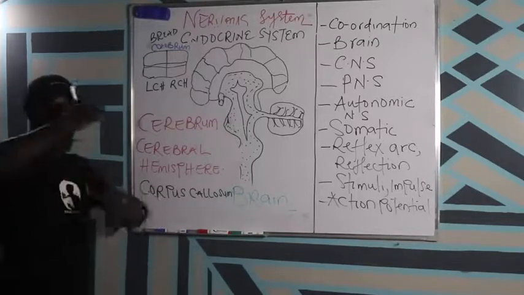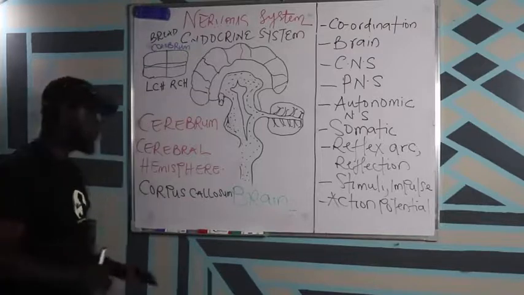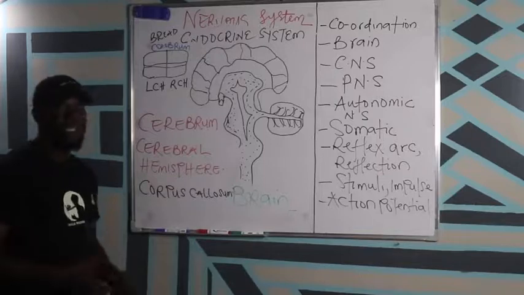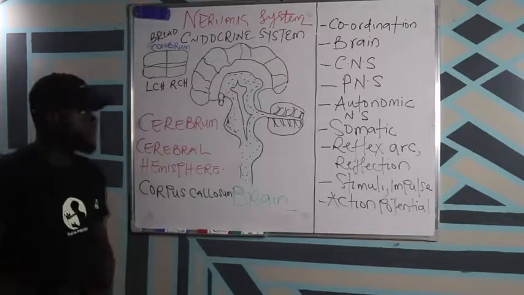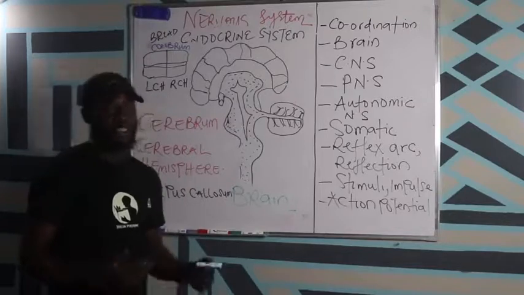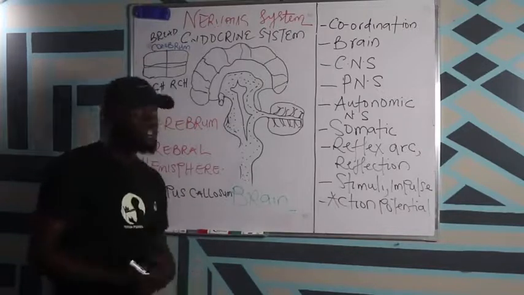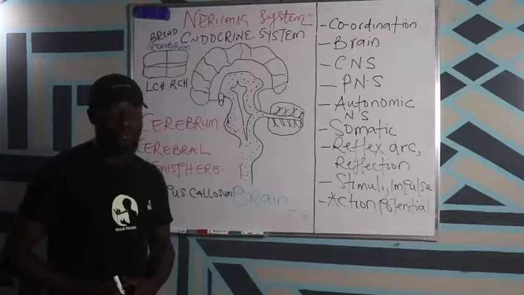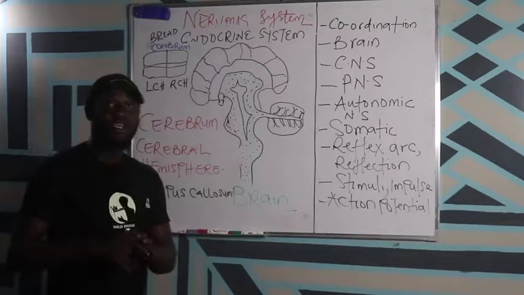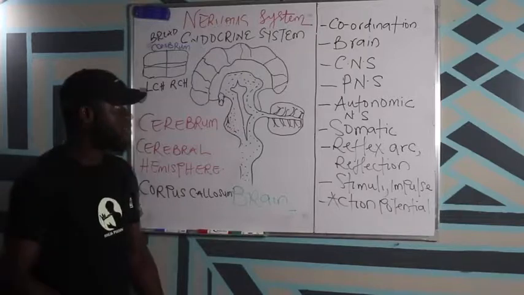Now let's go back and review what we've done in this video up to this point, and when I come to the next video, I will explain in detail some things we've said. The nervous system is responsible for coordinating all the body parts in conjunction with the endocrine system so that we get a perfect result on how we respond to external stimulus.